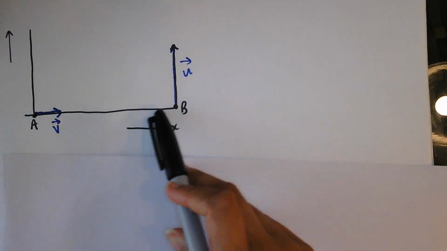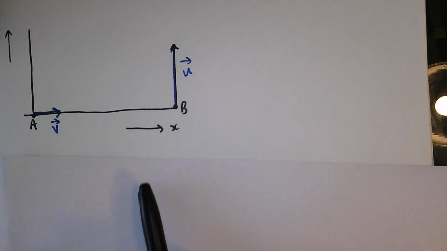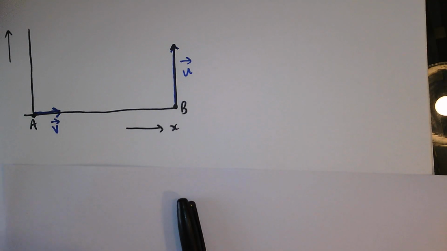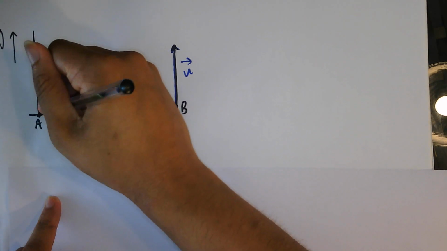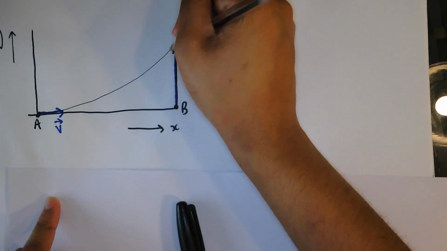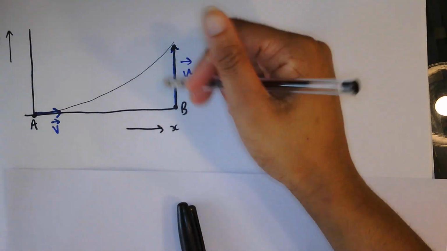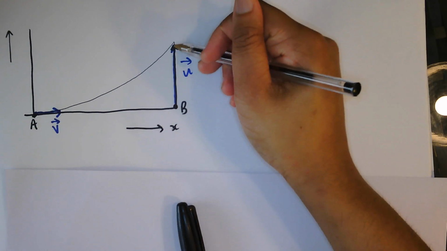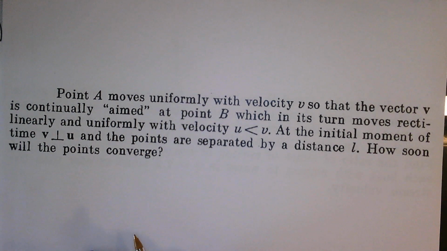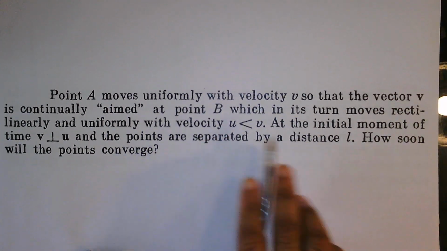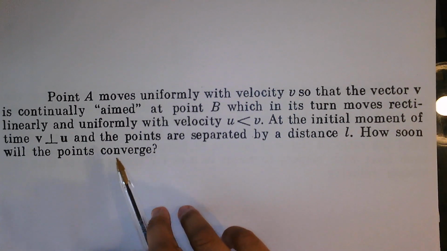It's not going to be in a straight line, it's going to be moving in more of a curve. So the trajectory of point A is going to look something like this, and it's going to meet point B at a certain point. And the question is asking us to work out how long that's going to take. So how soon will the points converge?